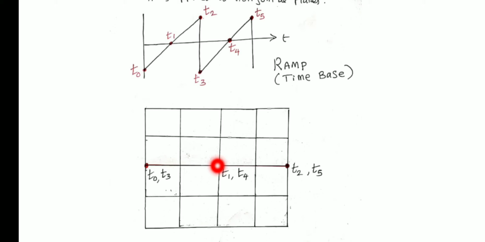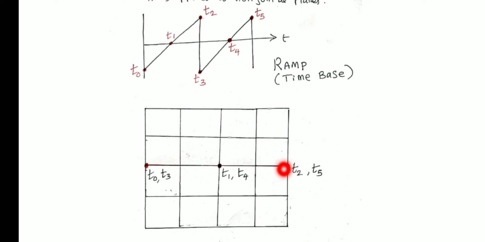And after T1, the ramp signal increases. Hence the luminous spot also moves from the center towards the right, in the right direction. Okay. Now at time t2, look at the ramp signal. It reaches the maximum positive voltage.